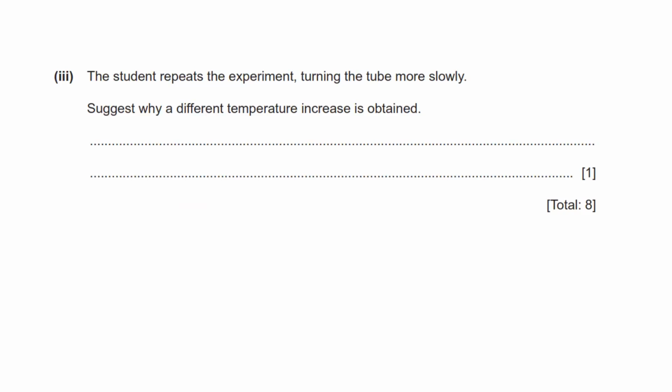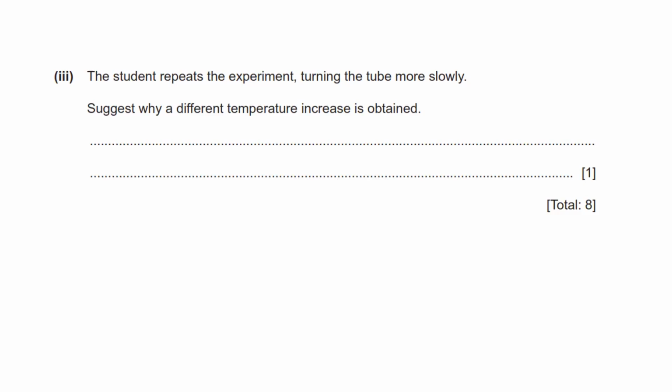Now in such an experiment, if you rotate or turn the tube slowly, the average kinetic energy of the pieces will decrease. When it decreases, there will be less velocity of the metal pieces striking each other, and the striking of each other results in friction that increases the temperature.